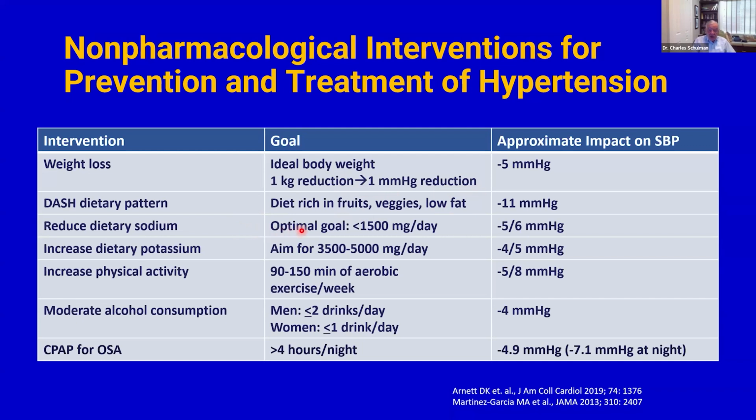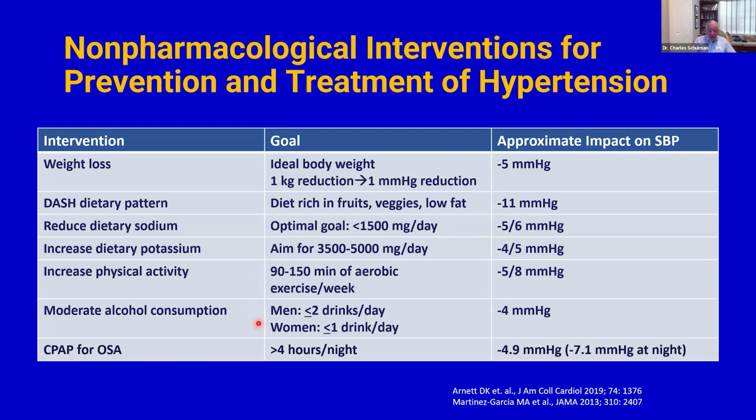Reduced dietary sodium, optimally under 1,500 milligrams a day, but 2,000 would be a reasonable goal for most people to try to achieve. An increase in dietary potassium, increase physical activity, exercise and move.